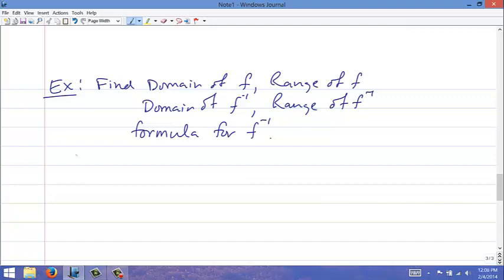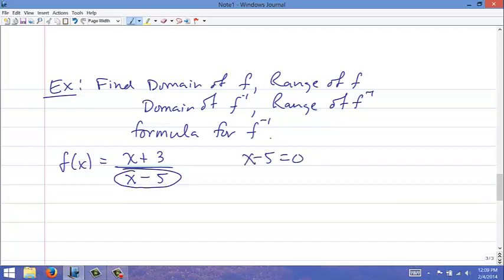So let's look at the function f of x equals (x plus 3) over (x minus 5). We've got to have one that has a bad spot, otherwise it won't be all that exciting. One way we can find the domain for f is pretty straightforward. Remember, to find the domain of a rational function, we focus on the denominator, set it equal to 0 to find any bad spots, and then throw out those bad spots.